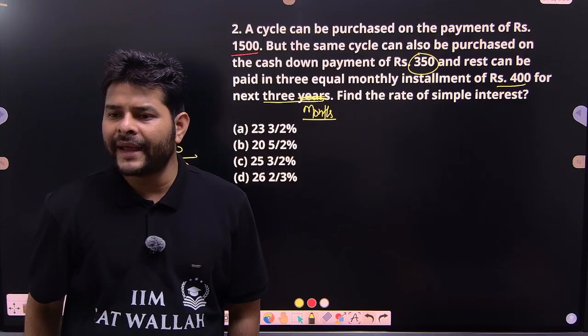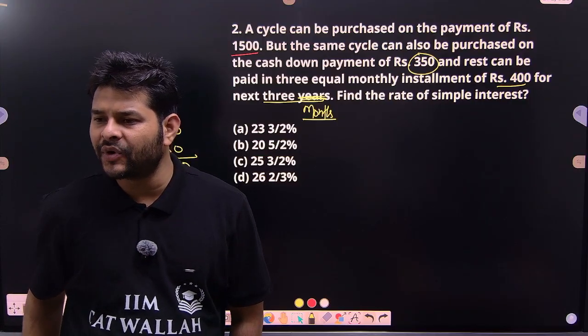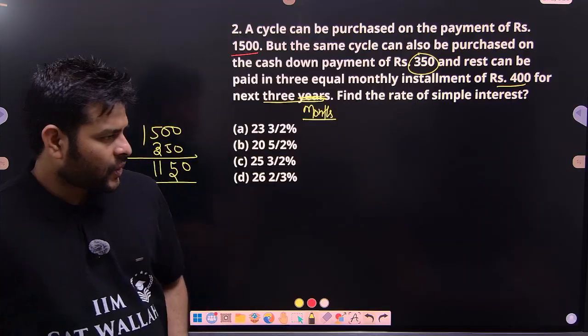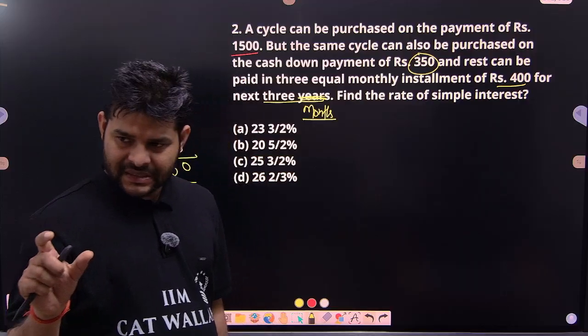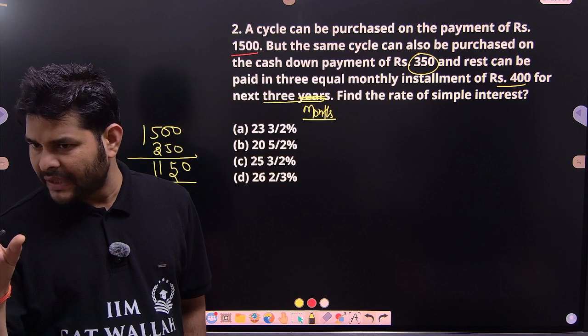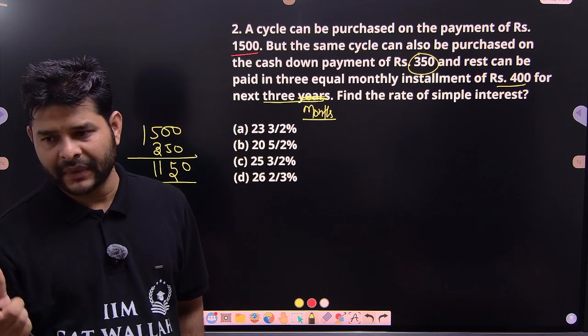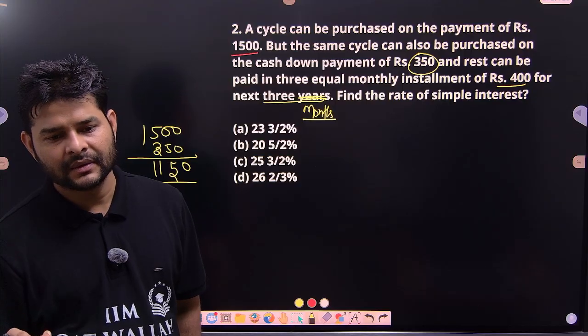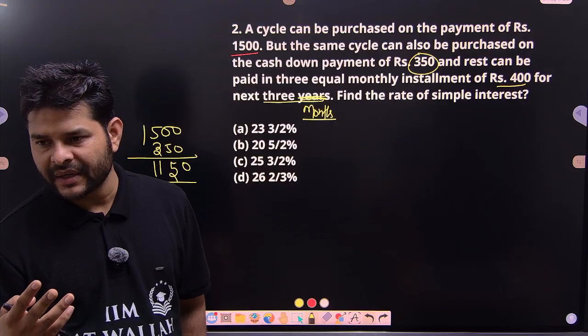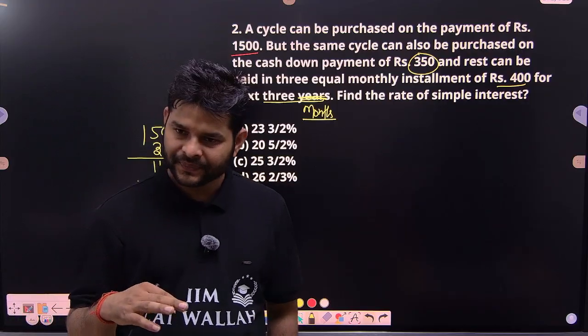Now I have to pay that amount in 3 equal installments, EMIs basically. So on the first month, the interest would be calculated on 1150. The real cost of the cycle was 1500.